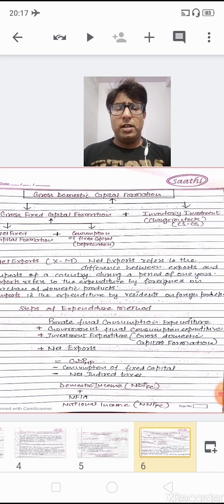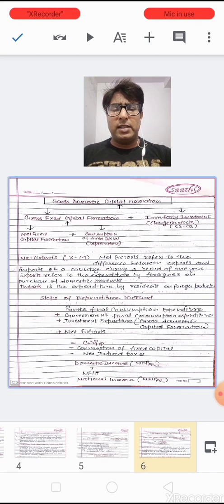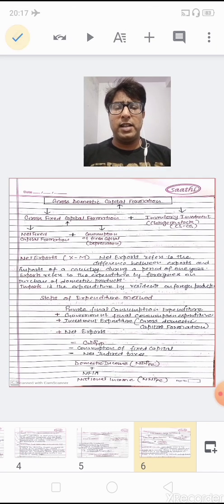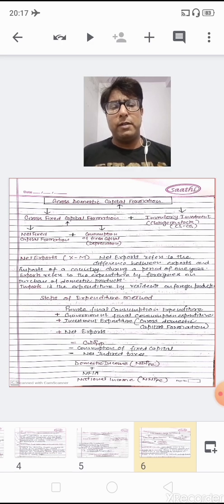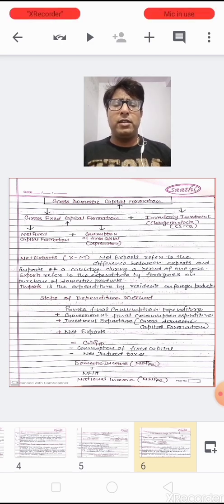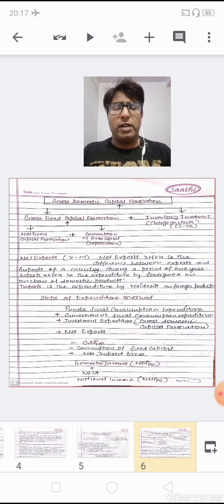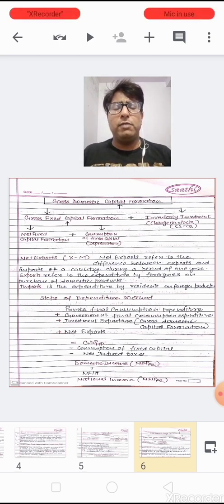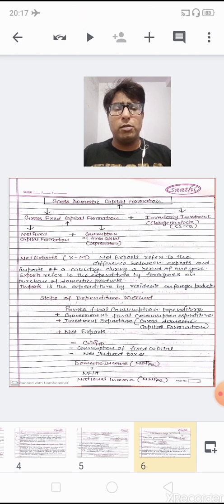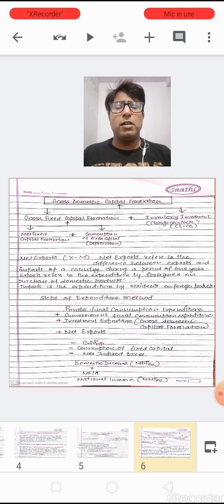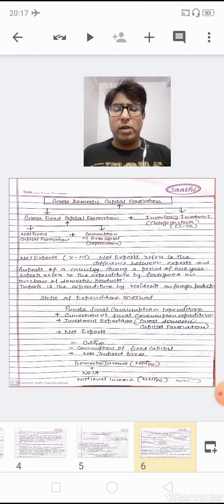As a conclusion, gross domestic capital formation can be classified into two categories. The first is gross fixed capital formation, which we call fixed investment, and second is inventory investment, which we call change in stock, like CS minus OS.